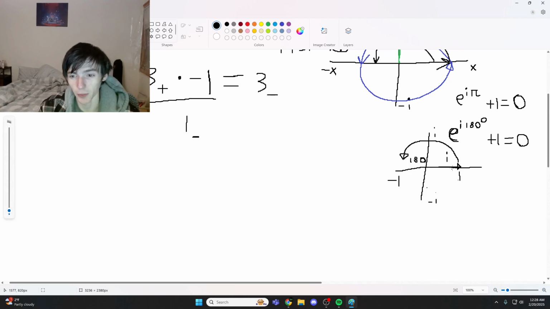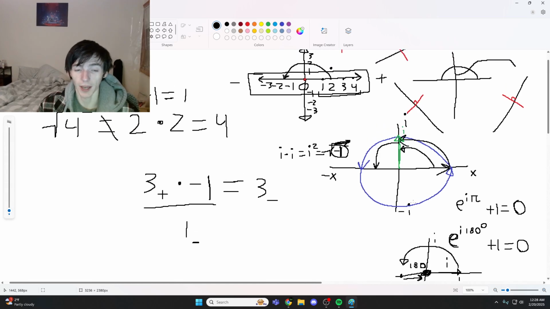When you rotate it 180 degrees, now we're at -1. And when we add 1, we just march this way 1, and we're back at 0, back at that origin. So that is, I would say, the basis on a fundamental level. This is what imaginary numbers are doing, basically.